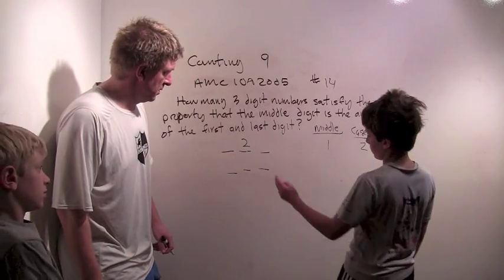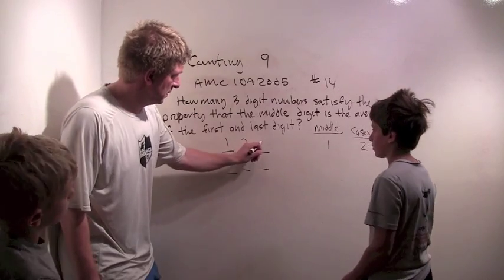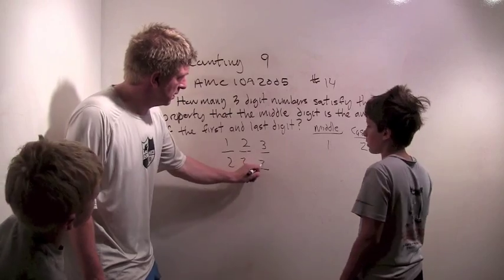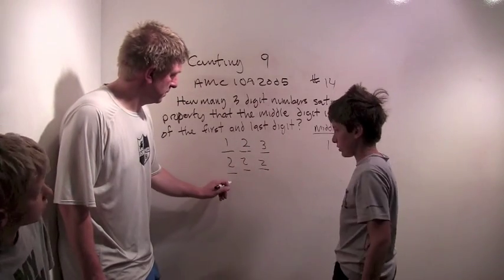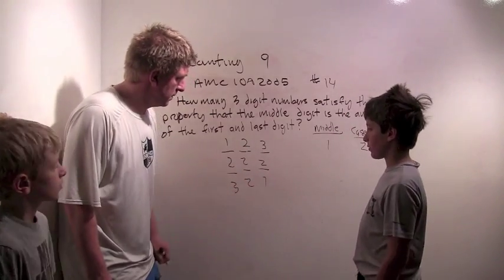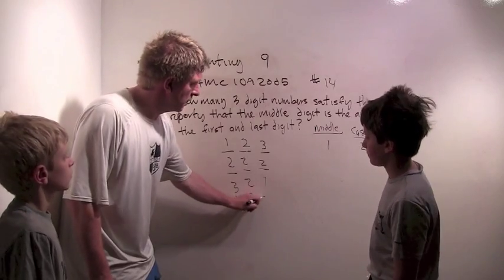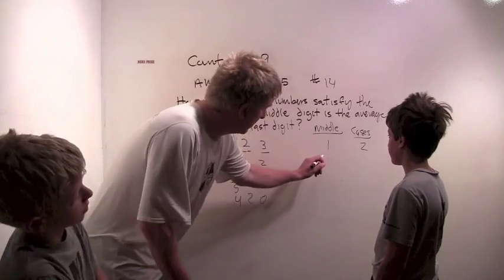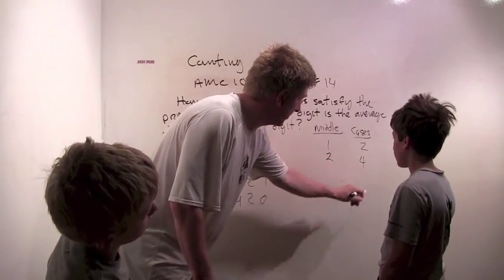So first is 1, 2, 3. Then 2, 2, 2. Then this reversed, 3, 2, 1. And then 4, 2, 0. Okay. So how many cases were there? 4 cases. Middle digit 2 gives 4 cases.